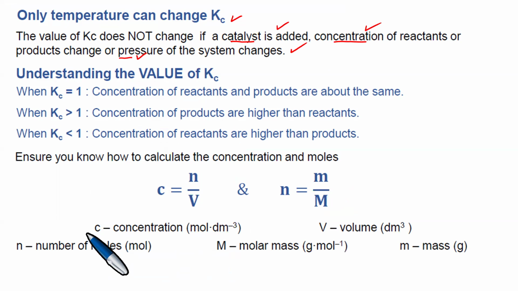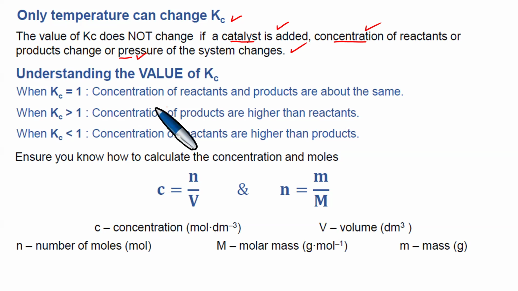Yes, I was saying that the Kc is 1 when you are dealing with solids or liquids, but moreover, it can be 1 in other cases as well. But when dealing with solids and liquids, you are 100% sure that it's going to be 1. Okay, but when is the Kc bigger than 1?